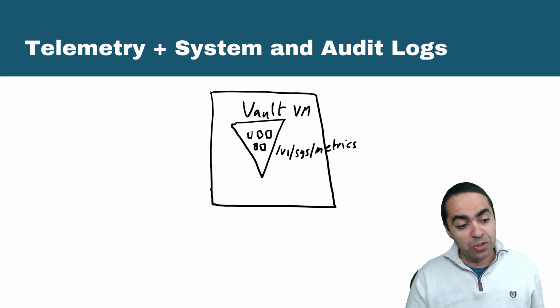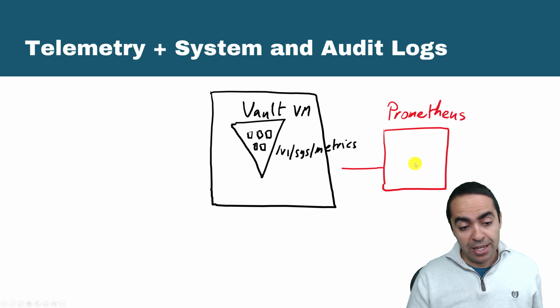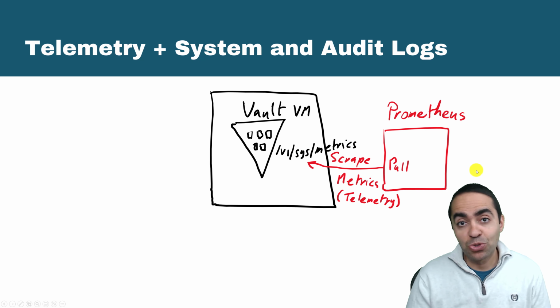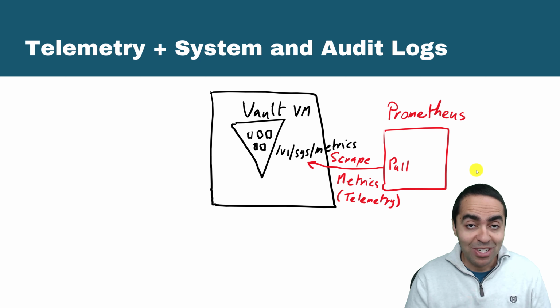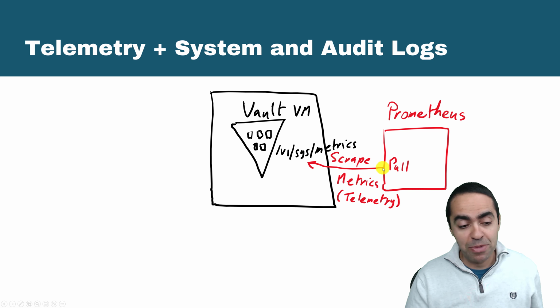But then we would expose, if we're using Prometheus, this v1 sys metrics endpoint. And Prometheus is a tool that will go out and scrape the metrics that you've exposed. So in this case, Prometheus is going to scrape the metrics at this endpoint that I mentioned. It's kind of a pull method.